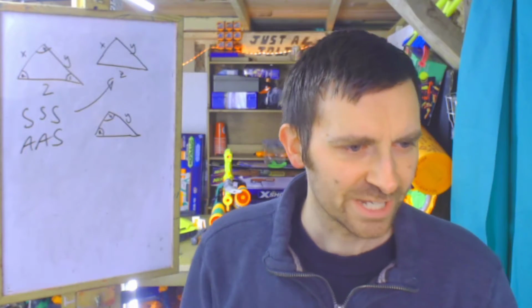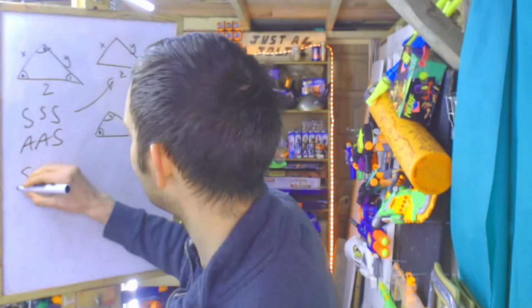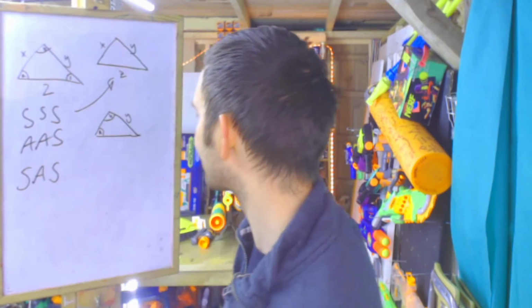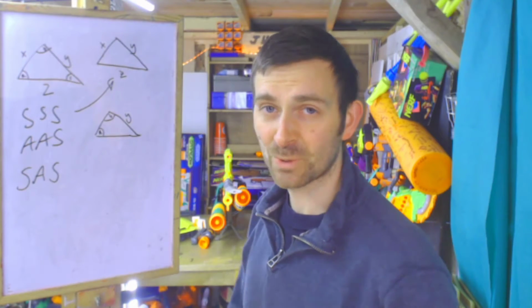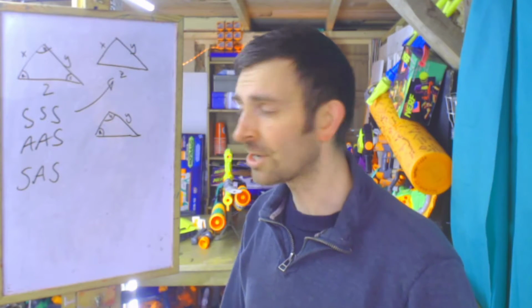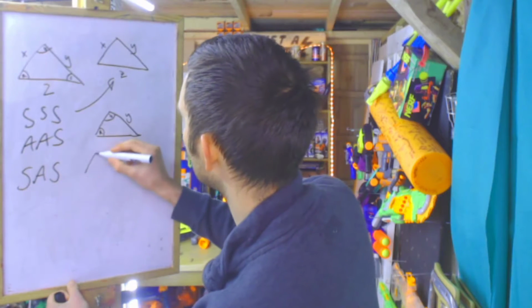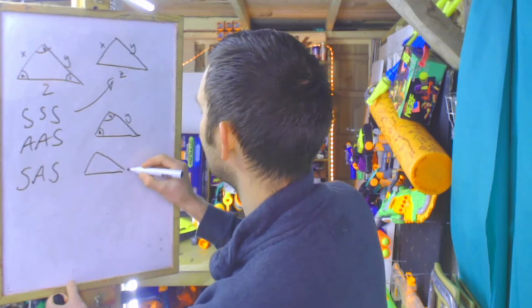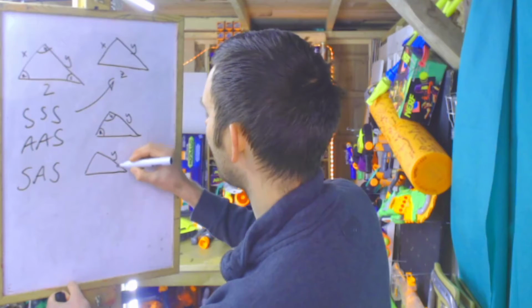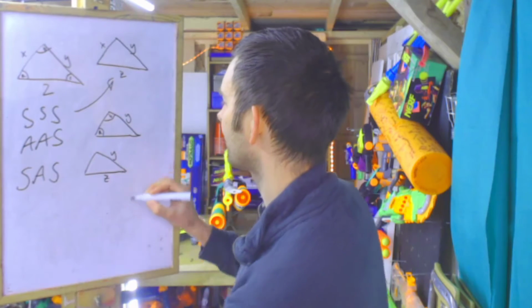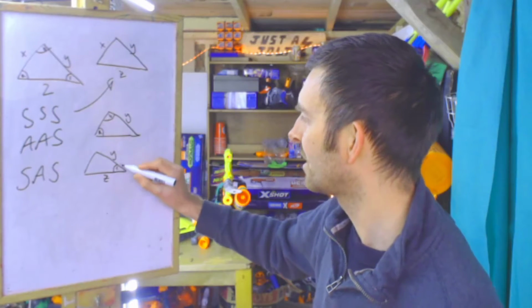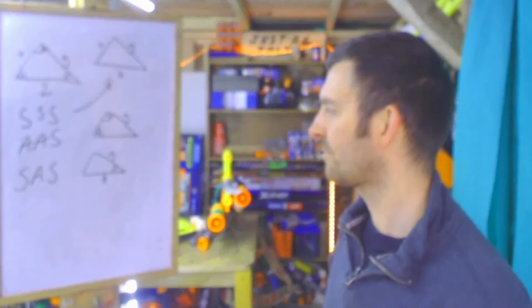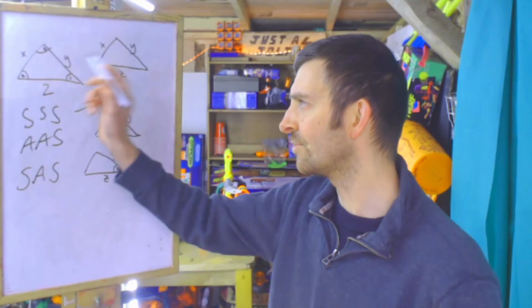The next rule is SAS. SAS, not the Special Air Service, but if 2 sides and the angle in between those sides are known, that is another way you can tell if a triangle is congruent or not. So again, let's have 2 sides. Let's have Y and Z, and the angle in between these 2 sides, C. If these 3 match up, then again you know that it's congruent with that.